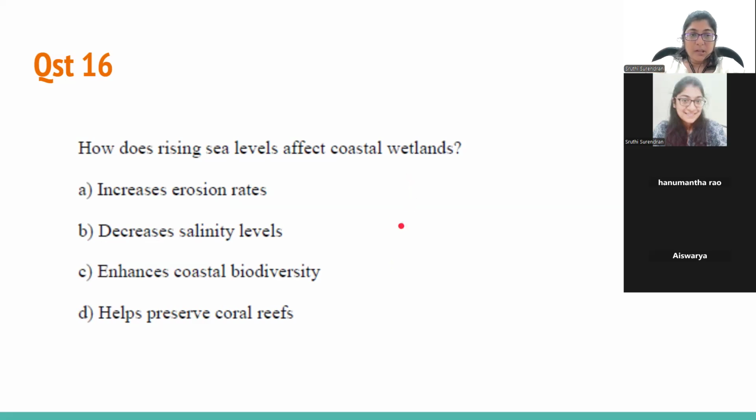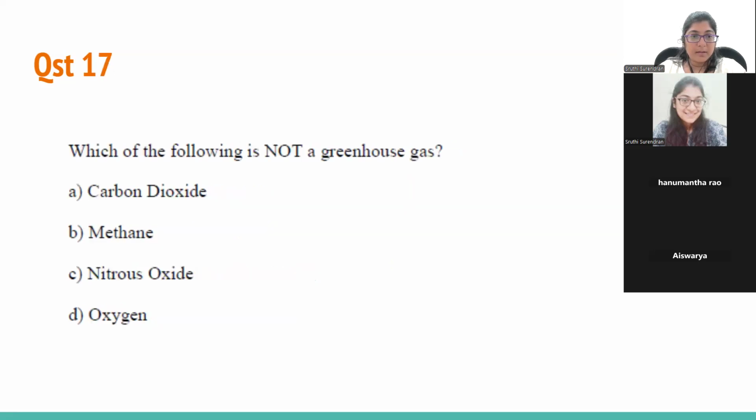The correct answer is increase erosion rates. So water is going to encroach into the land, and that is going to result in movement of fertile soils along the coastlines. So the correct answer is option A.